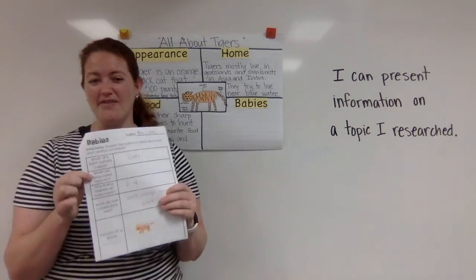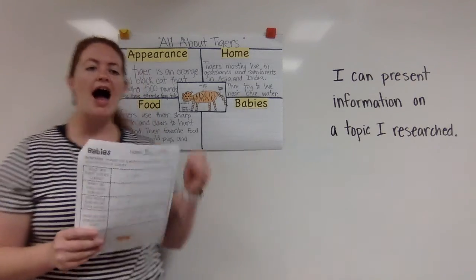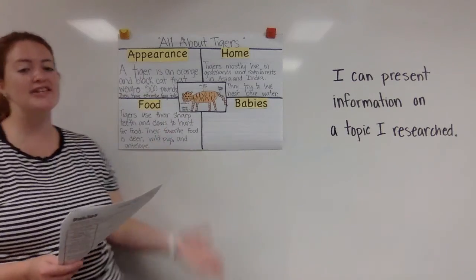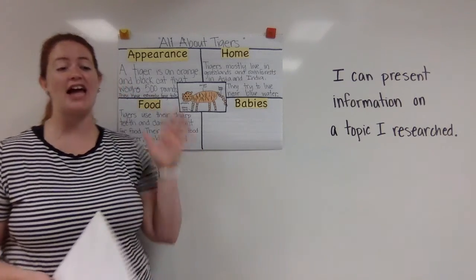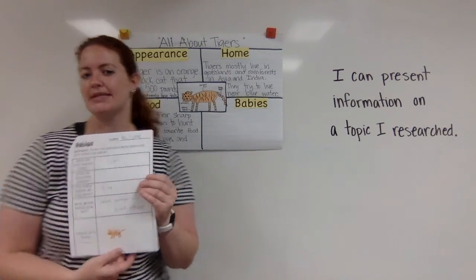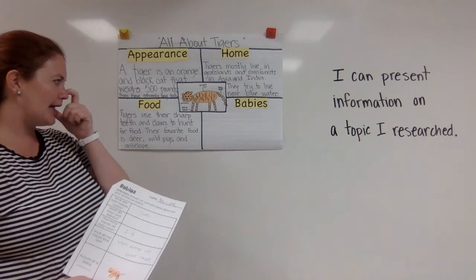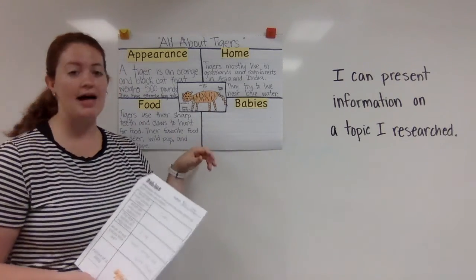Ooh, I noticed I have a blank because I wasn't able to find that in my research, and that's okay. I've kind of had that happen in most of these sections so far, but I still feel like the expert and felt like I knew enough that I could write it down, and that's the same case with these babies. Let me see. I could say tiger babies are called cubs.